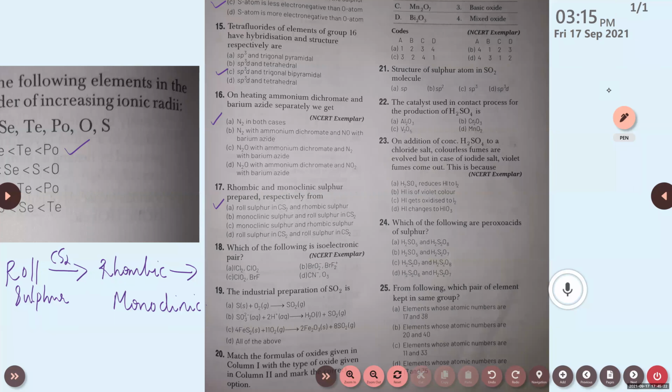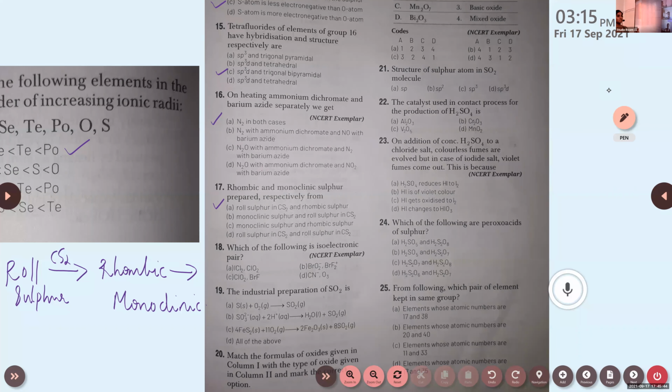Option A, ICl2, ClO2. Option B, BrO2 minus, BrF2 plus. Option C, ClO2, BrF. Option D, CN minus, O3. You have to find the total number of electrons present on the atoms and add them.